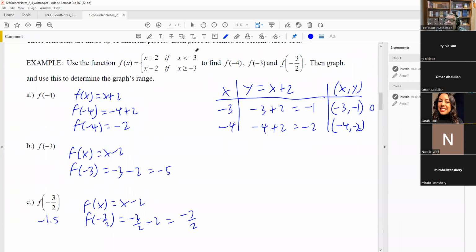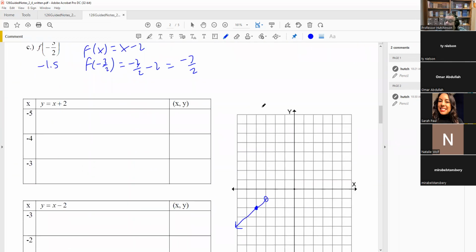The conditional statement says that x has to be less than -3 only. So this is the line right here that we have for the x value of -3. The graph does not cross over and does not go to the right because the x values have to be less than -3. So that's why you only see this part of the graph appear. So that's the first part of the graph.